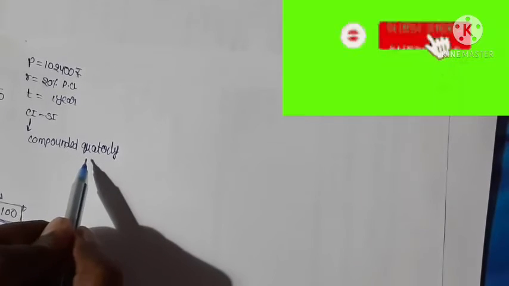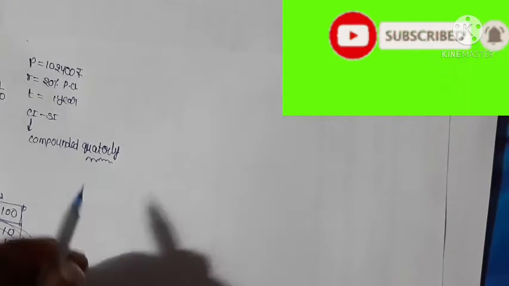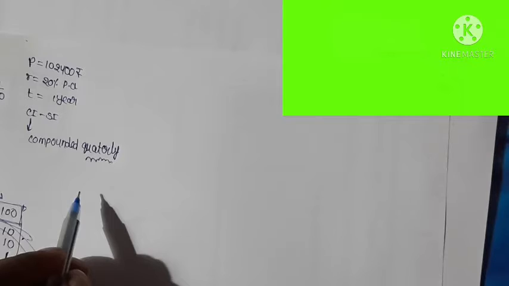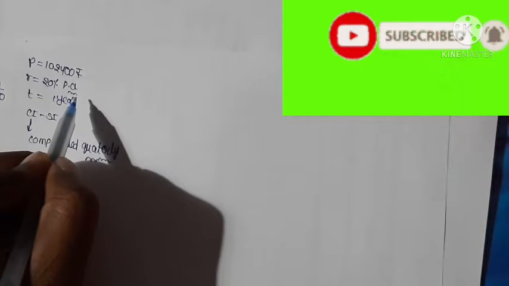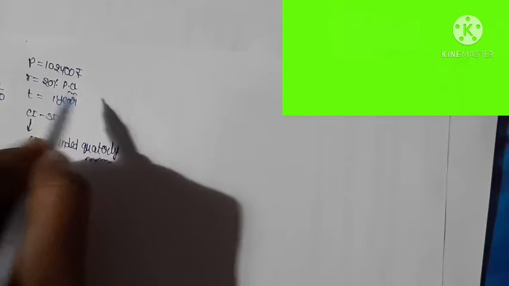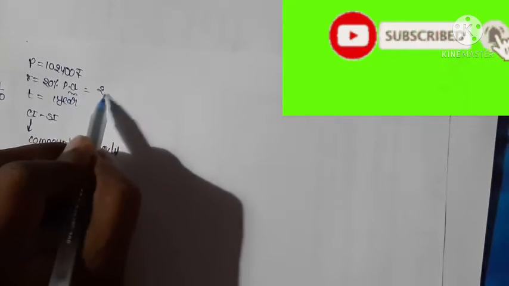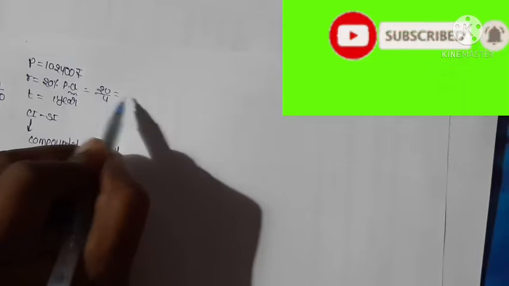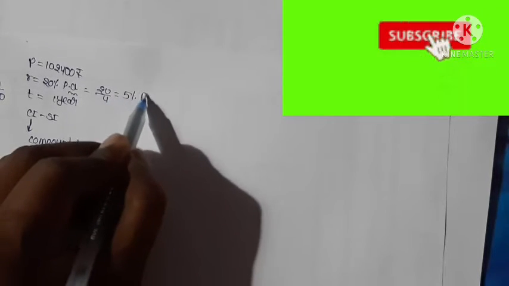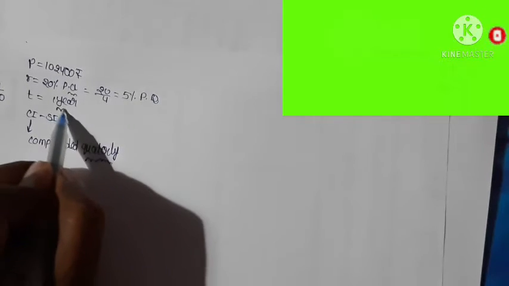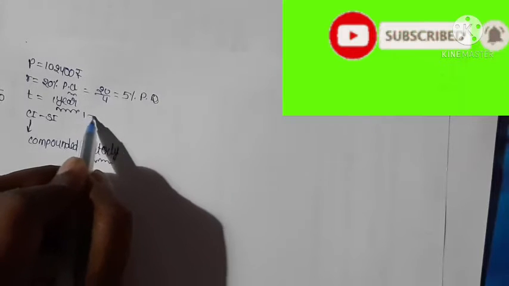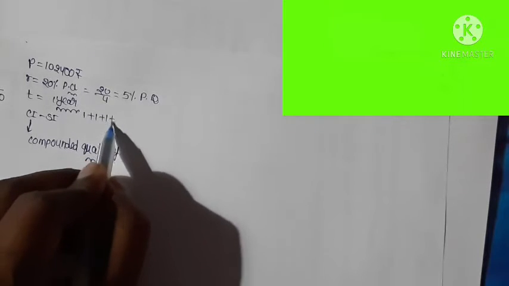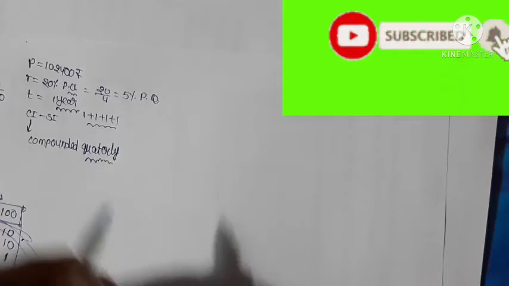Now calculating compound interest for every 3 months. Here 20% is per annum. One year contains 4 quarters, so 20 by 4 is 5% per quarter. Every 3 months: 1 plus 1 plus 1 plus 1, so 4 quarters.